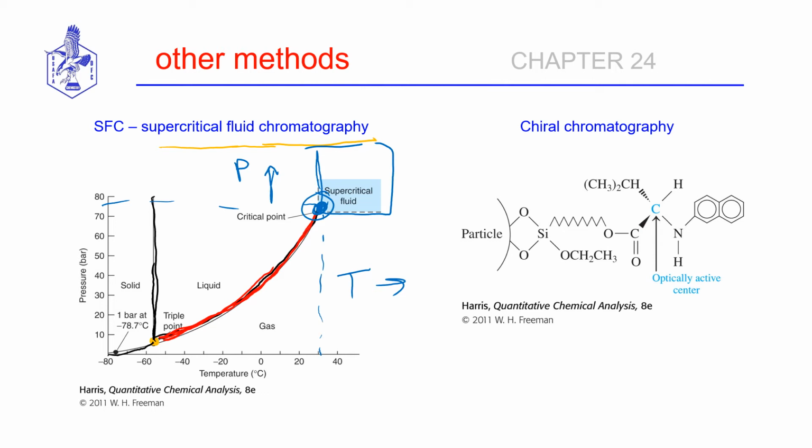And just also wanted to point out that we can exploit the chirality of analyte species in a separation by using chiral columns, in which you've got an optically active center for the materials that are bonded to the silica surface. So these are other options and tools available to you for separations.